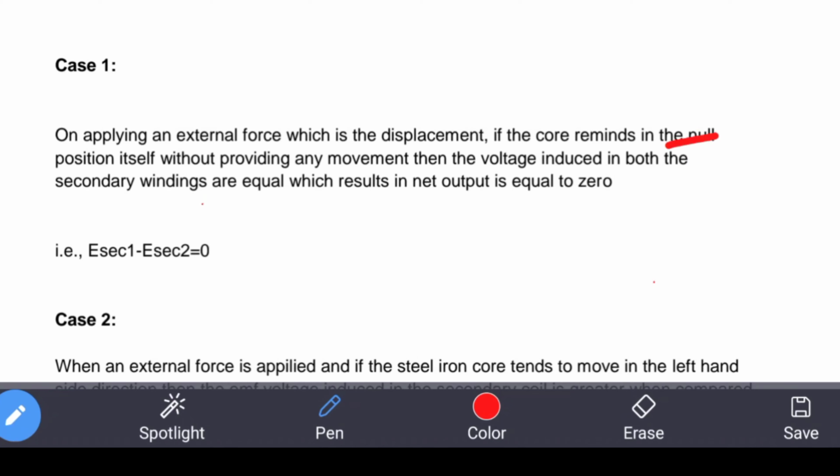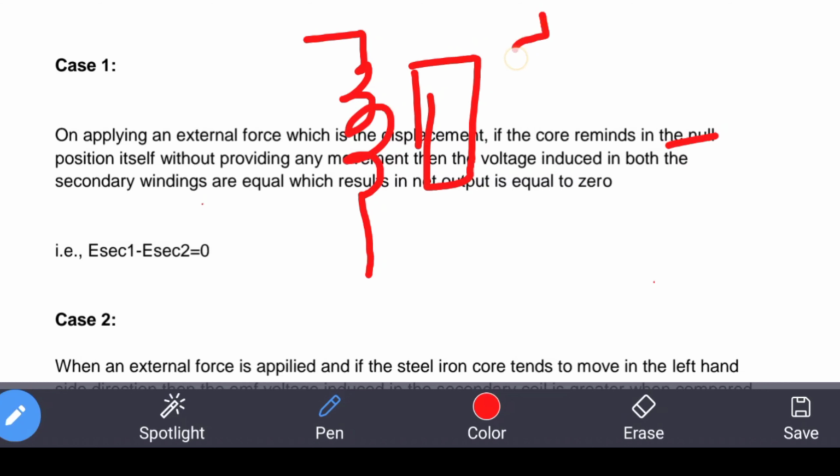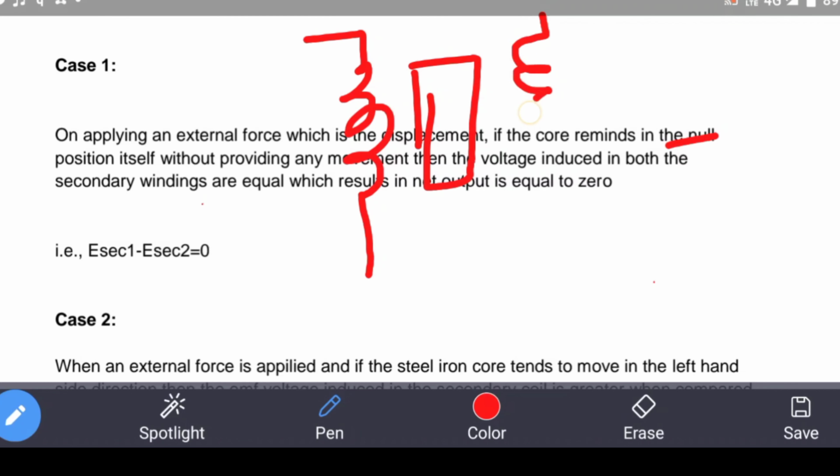Under normal conditions, there are three diagrams we have to draw. If the core is in null condition, there is no movement, but the two voltages induced in the two windings are opposite in nature.